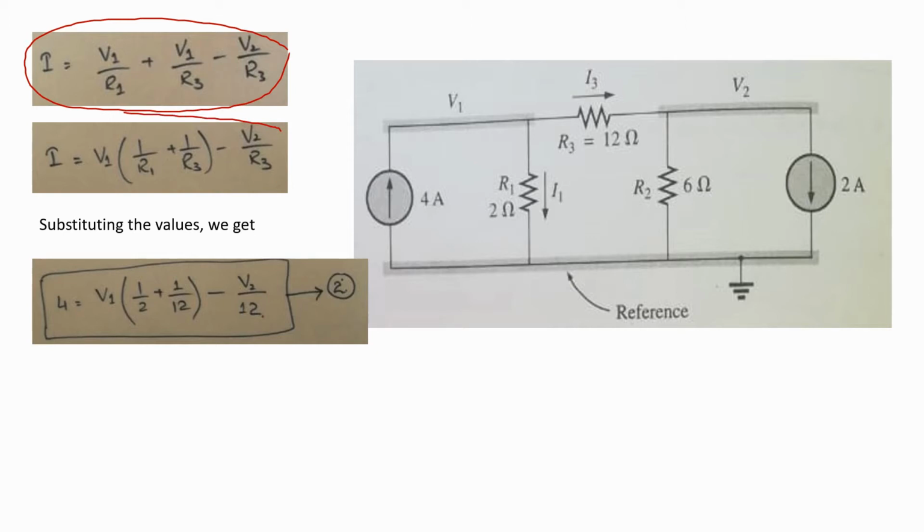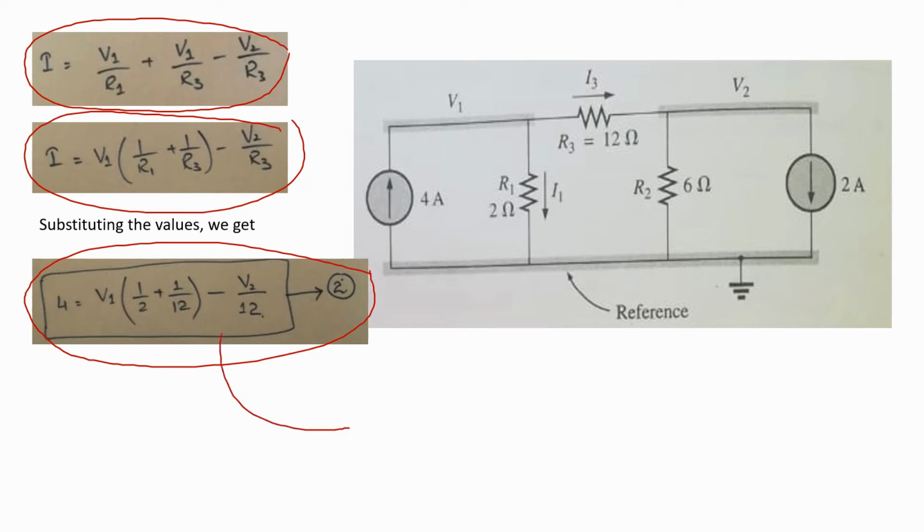Rearranging, we get I is equal to V1 into 1 by R1 plus 1 by R3, minus V2 by R3. After substituting the values of R1, R3 and I, you will get 4 is equal to V1 into 1 by 2 plus 1 by 12, minus V2 by 12. This is basically the equation of node 1.